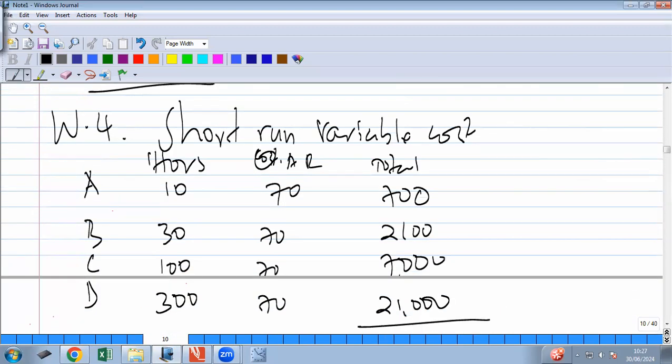So here we are going to need the units, not hours. So the units for A, how many units go to product A? 10 units, right? Then product B, 10.